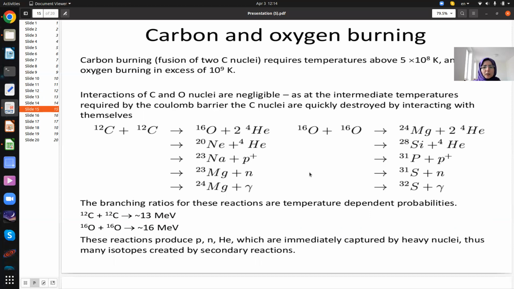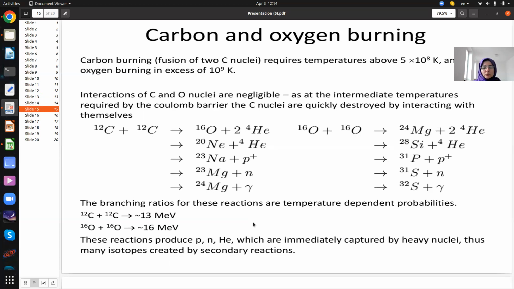Interactions of carbon and oxygen nuclei are negligible, as at the intermediate temperatures required by the Coulomb barrier, the carbon nuclei are quickly destroyed by interacting with themselves. As you see here, two carbon-12 get oxygen-16 plus two helium-4, and so on. And two oxygen-16 give Mg-24 plus two helium-4, and so on.